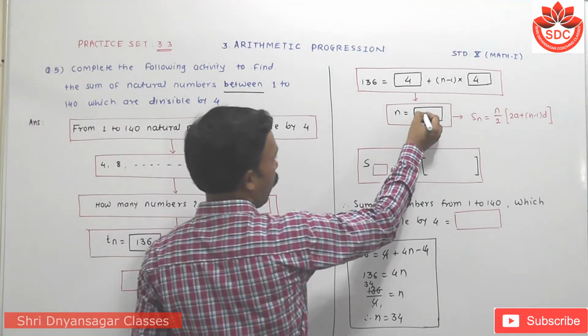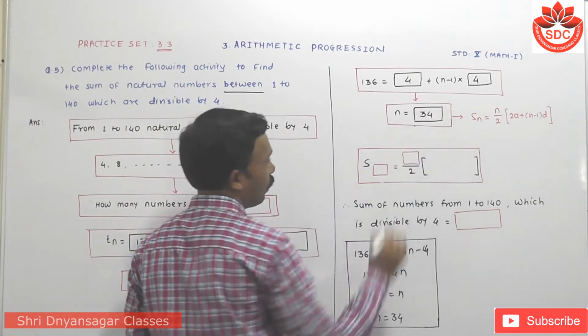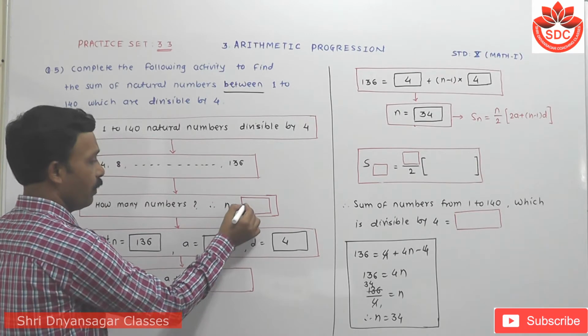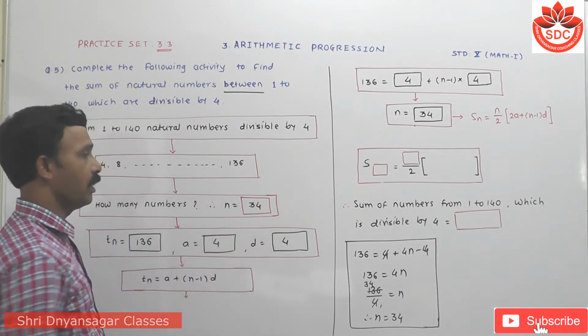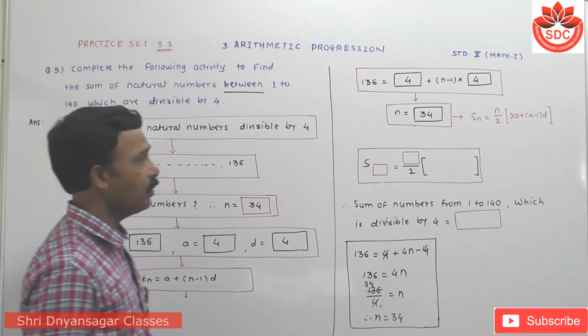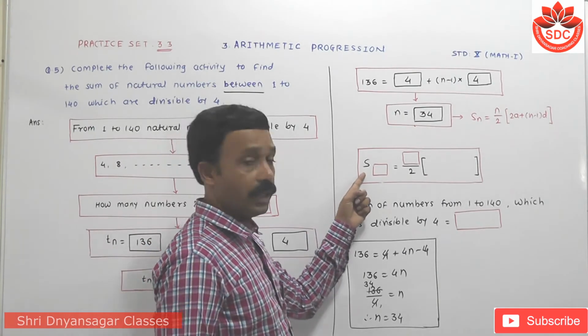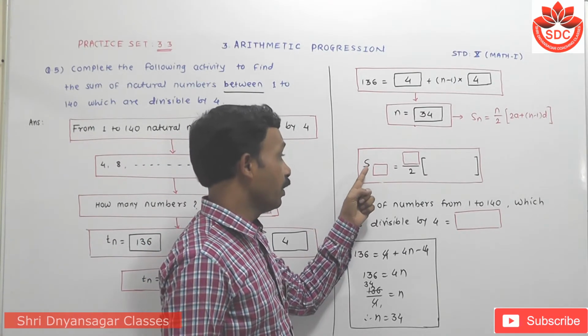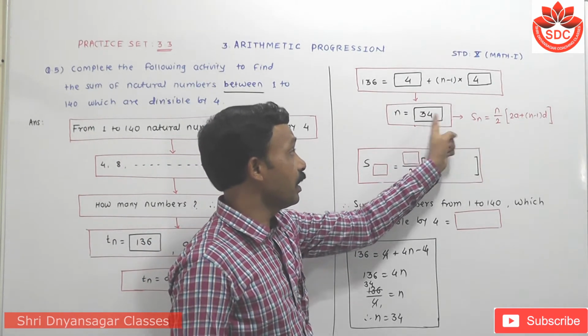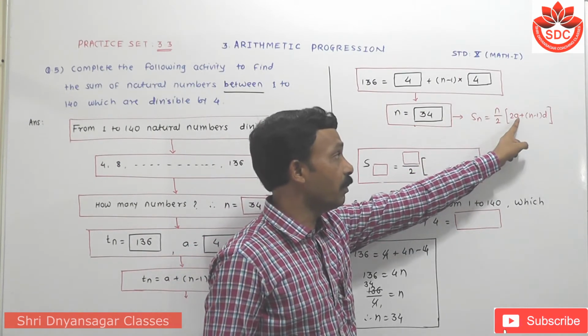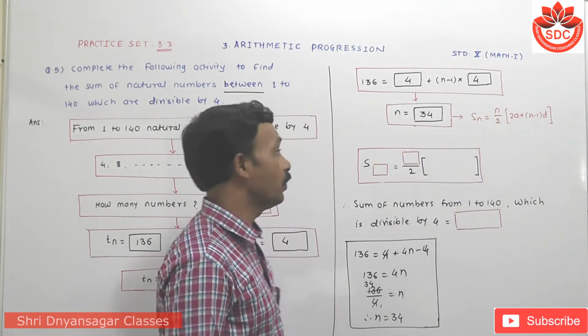So I have to substitute the value of n, which is 34. So also fill in the box: n is 34. Now students, then we have to find the sum of n numbers, here Sn. The formula is n upon 2 in bracket twice a plus n minus 1 into d.